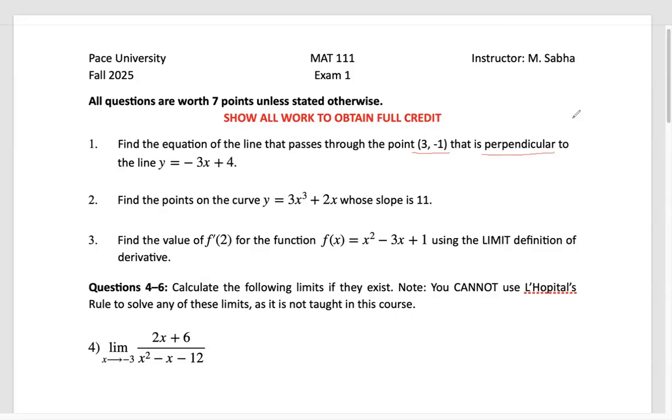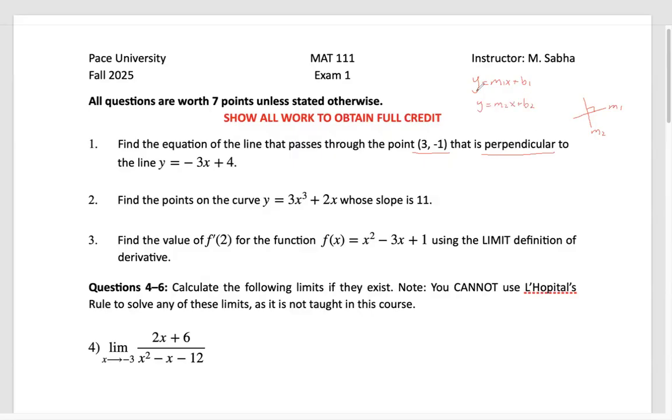Perpendicular means two lines form 90 degrees. Right? So if this line has a slope m1, this line has a slope m2. Remember, for two lines, we have y equals m1 x plus b1, where m1, b1 are just some numbers. Another line can be written as y equals m2 x plus b2.